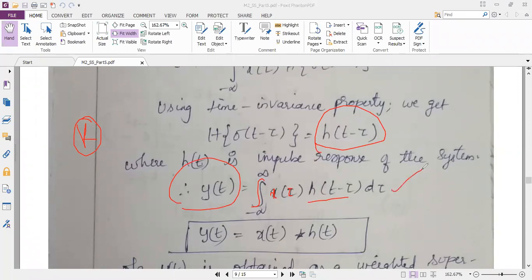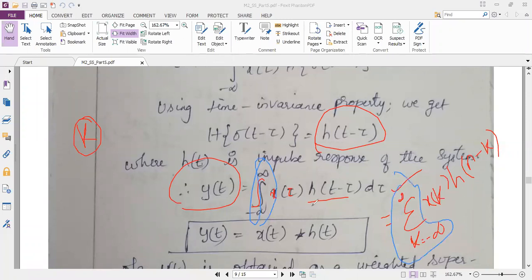This is compared with your discrete time convolution, the sum from k equal to minus infinity to plus infinity of x of k h of n minus k. If you compare these two equations, the integration here corresponds to the summation, x of tau here is x of k there, and h of t minus tau here is h of n minus k there.